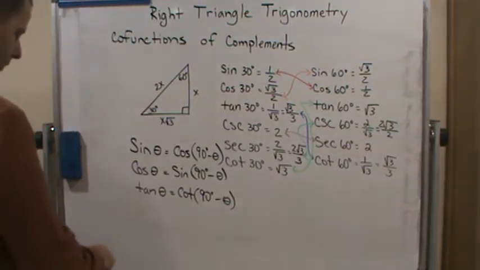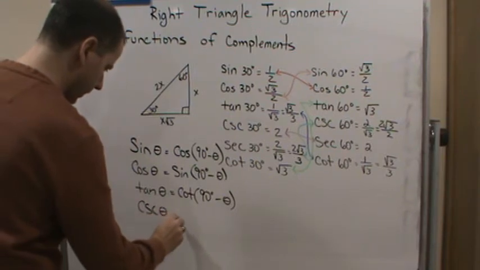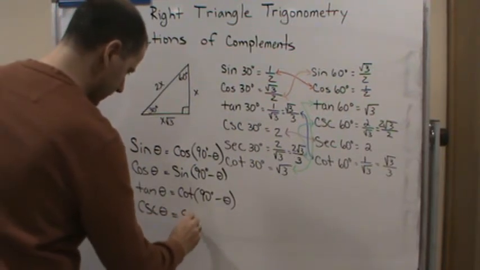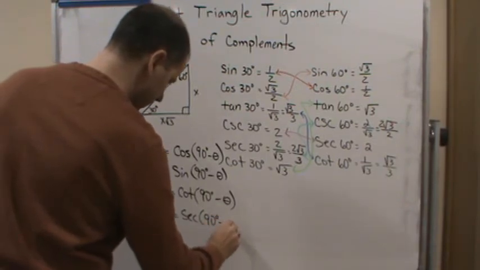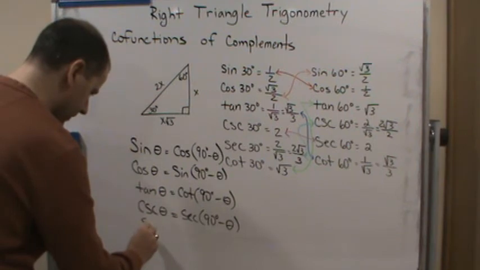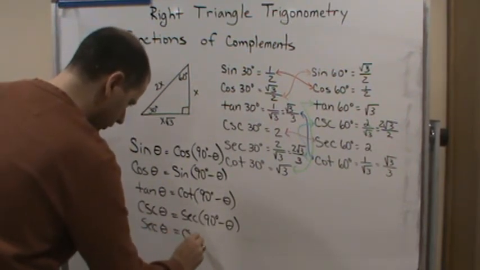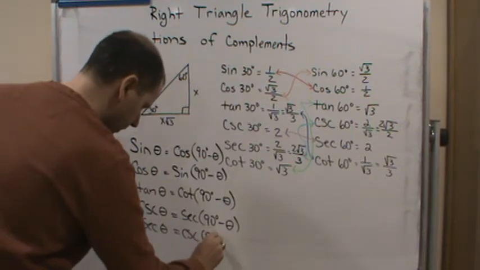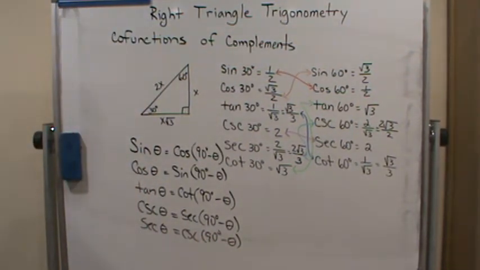And then we got cosecant theta, that's going to equal secant of 90 minus theta. And of course, secant theta is equal to cosecant 90 minus theta.